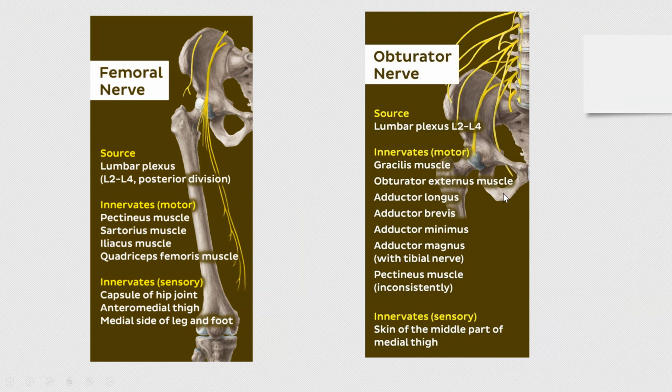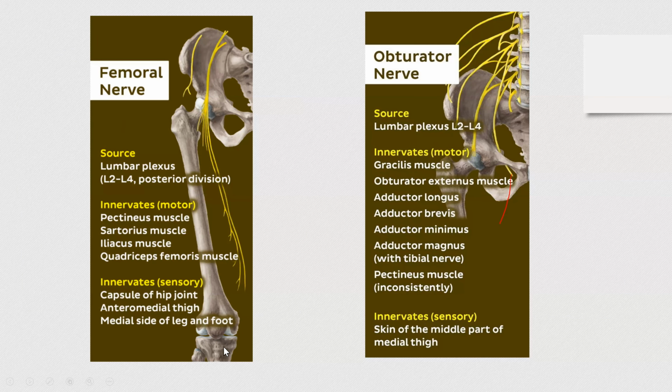The obturator nerve is going to innervate mostly the medial compartment. You can see all these adductors, pectineus, those muscles in the medial compartment, because it passes through the obturator foramen, it's on the medial side. This is on the anterior part of the thigh, right? But look, the femoral nerve is not innervating your leg.